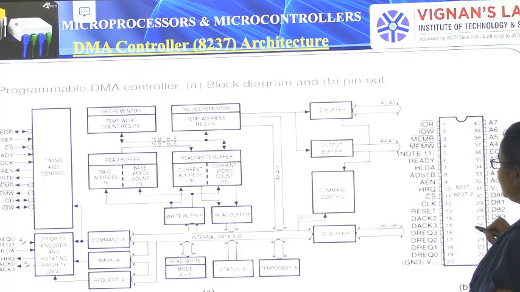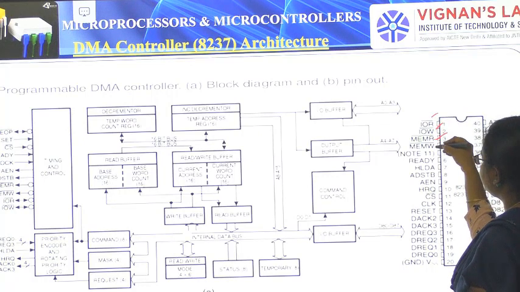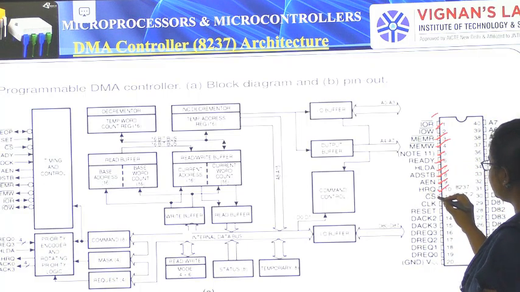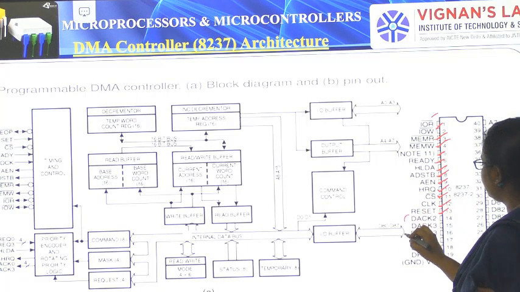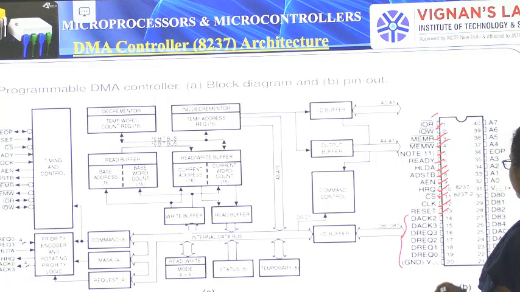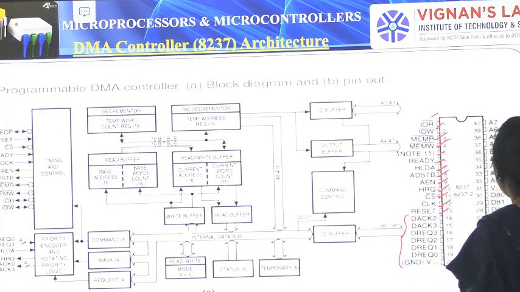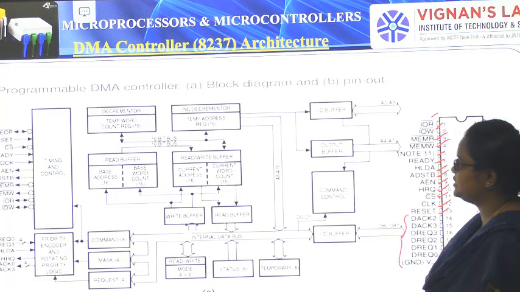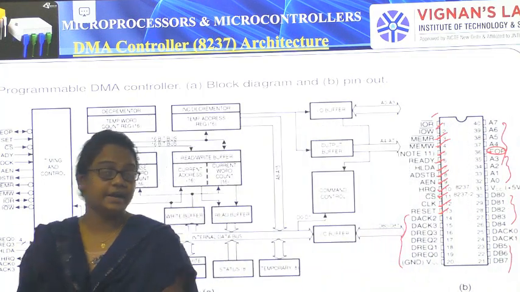We have pins: I/O write, I/O read, memory write, memory read, ready, hold acknowledgement, address strobe, AEN and the hold request, and CS bar, clock, reset, DACK 0 and DREQ. DB0 to DB7, that means data bus bits, and A0 to A3 are address lines of the processor. This is a programmable DMA controller.